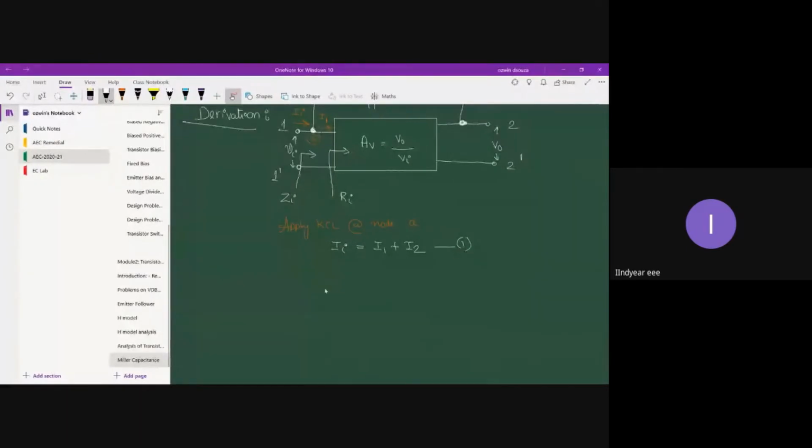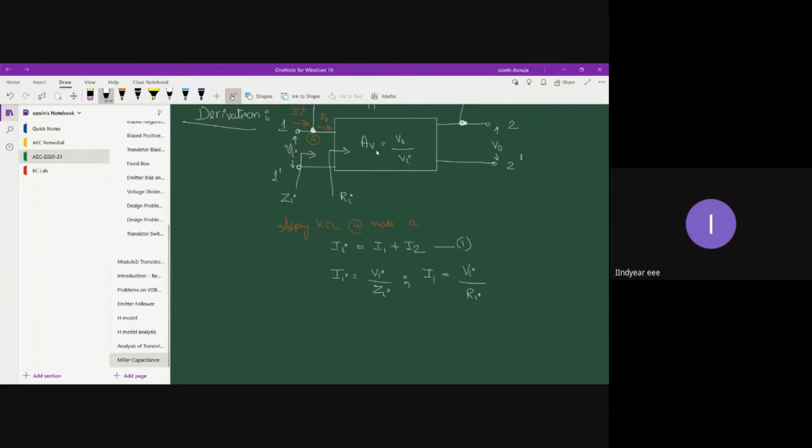II can be taken as Vi by Zi, where Zi is the overall input impedance of the circuit. I1 is the current which is getting into the black box. Hence, I1 can be taken as Vi divided by Ri, since voltage remains the same in a parallel combination, and Ri is the resistance of the black box.